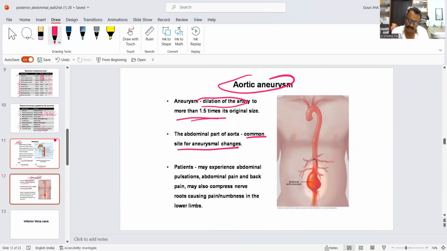The patient may experience abdominal pulsations, abdominal pain, back pain, and it may also compress the nerve root, causing numbness in the lower limb. So this is all about the abdominal aorta. Now we talk about the inferior vena cava.